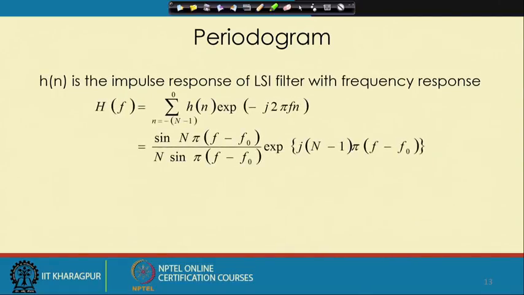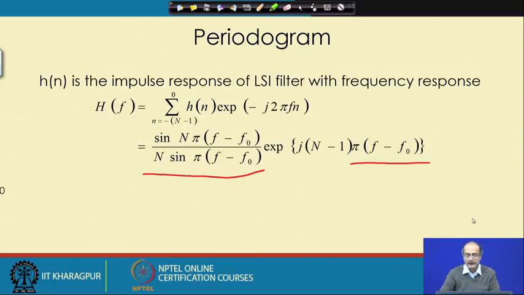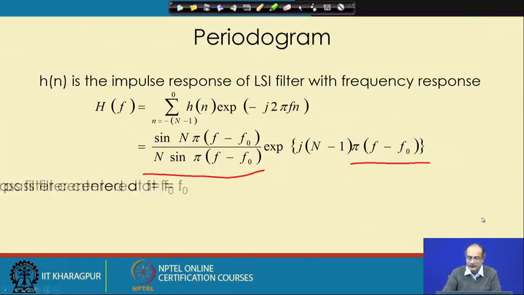We can take the Fourier transform of h n to find the frequency response, and what we get is a sinc function term, and then an expression exponential j n minus 1 pi f minus f 0. That gives us the term.